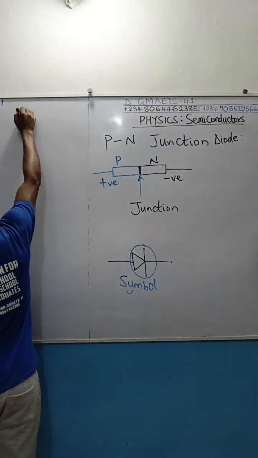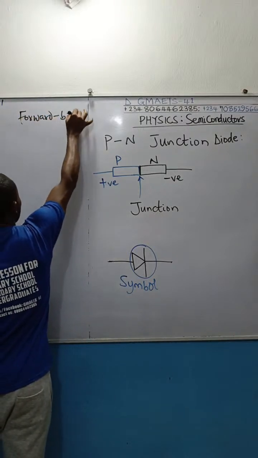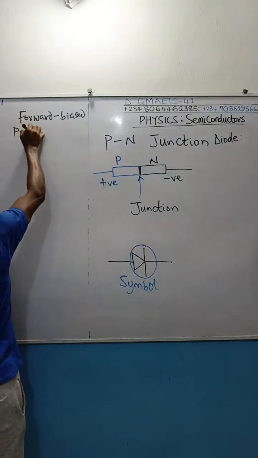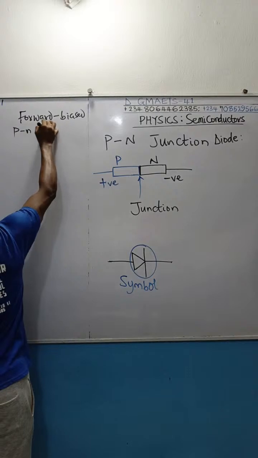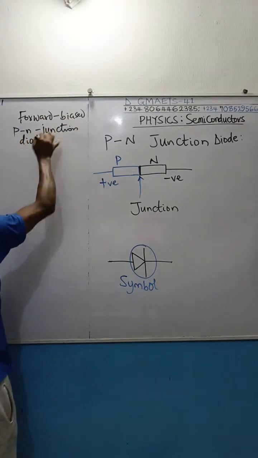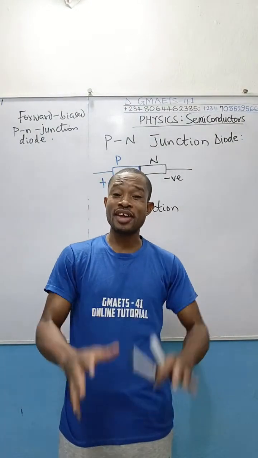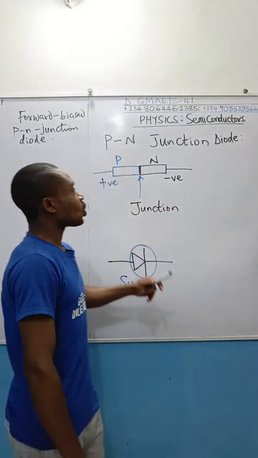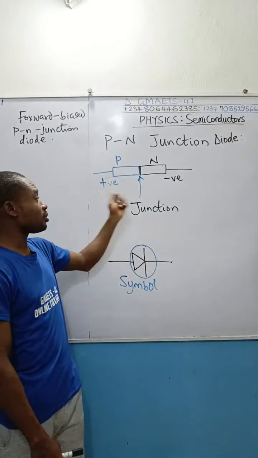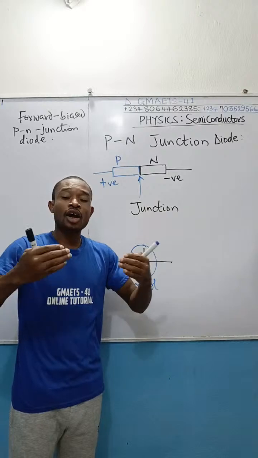So that will take us to the forward biased PN junction. For you to refer to this PN junction as being forward biased, you are going to connect a potential difference across its terminals, connecting it to a cell accordingly.